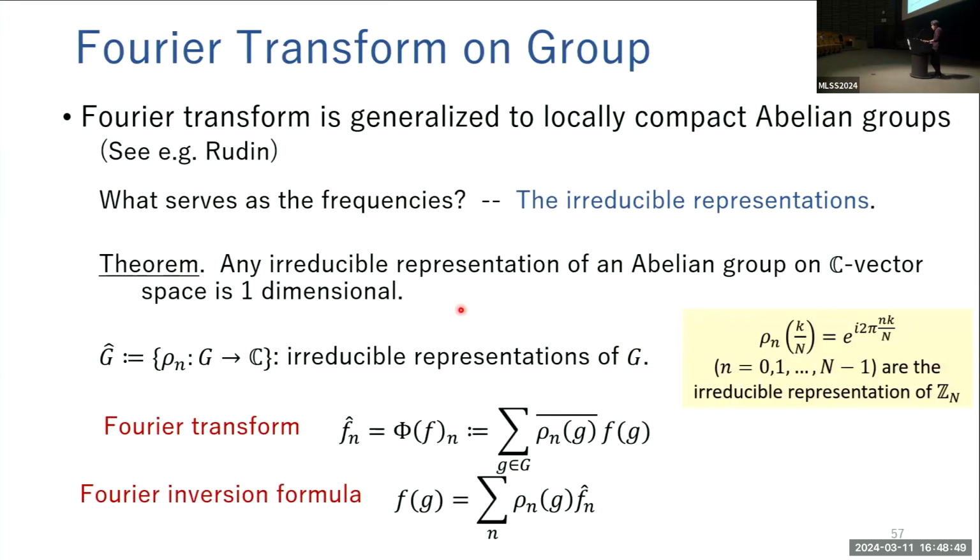Let's say that we are considering the representation on a C vector space, the complex vector space. In that case, any irreducible representation of an abelian group is one-dimensional. One-dimensional is always irreducible, but in the case of abelian groups, the converse is also true. Any irreducible representation is one-dimensional.